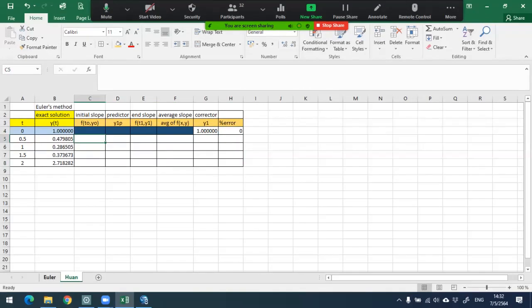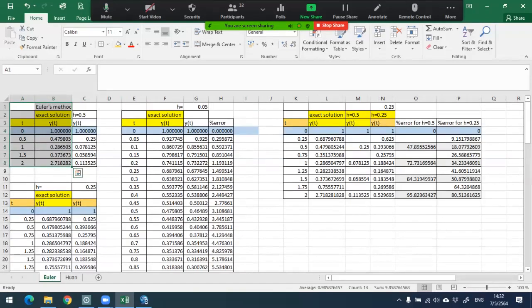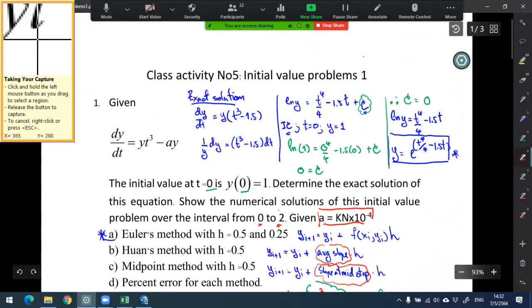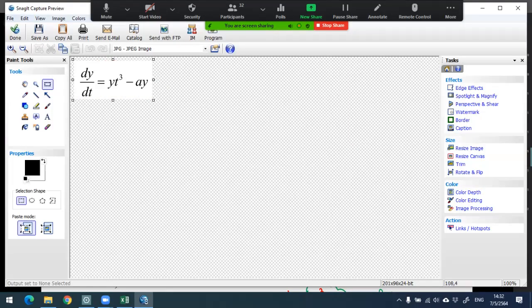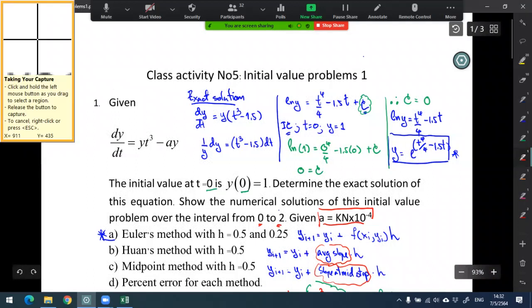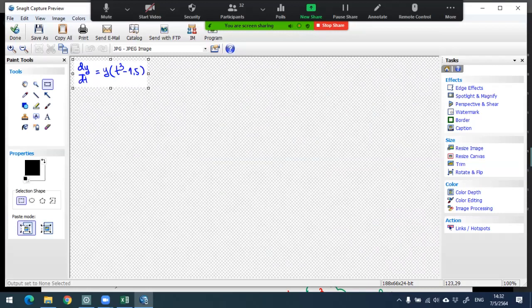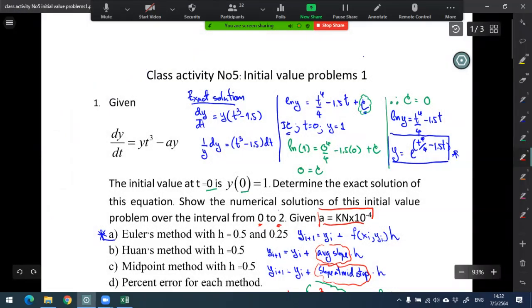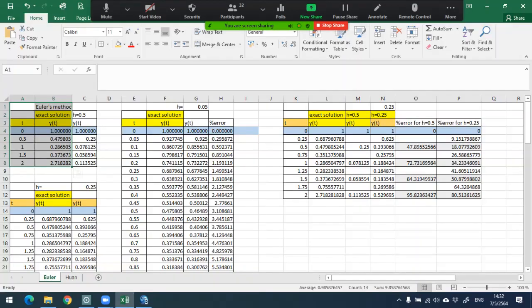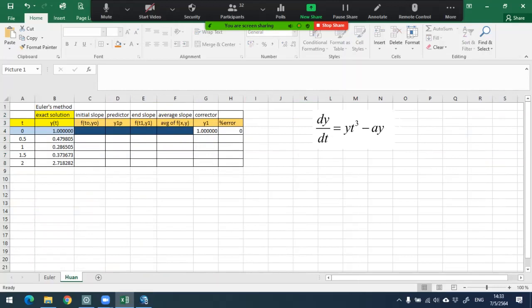Initial slope is what? Function. For this case, we use A as 1.5.